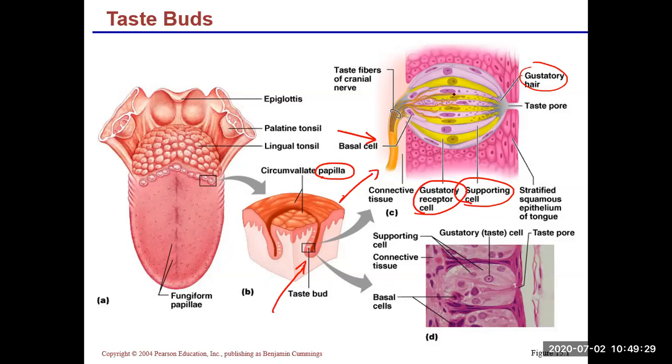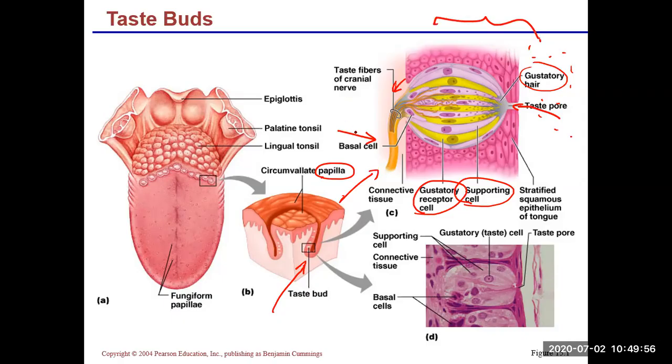So there are a lot of chemicals in our food. These chemicals in our food, which happen to be in the oral cavity, enter the taste pores. Then these taste chemoreceptors detect them, and they send their neurotransmitter and communicate with these nerve cells. And these nerve cells are, again, sensory neurons. Remember, we had receptors, which are this part right over here.